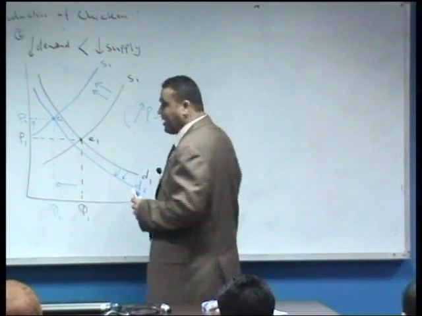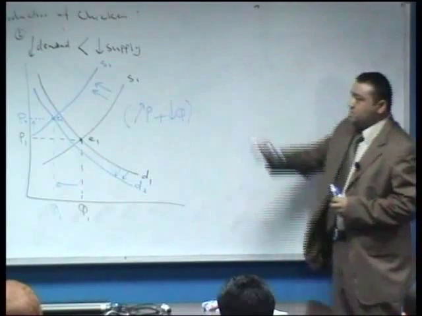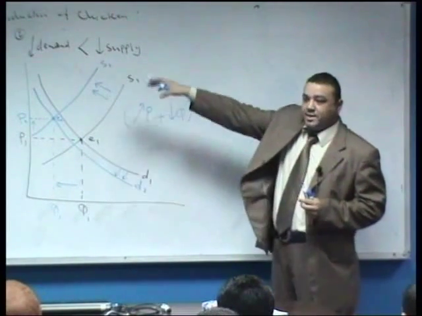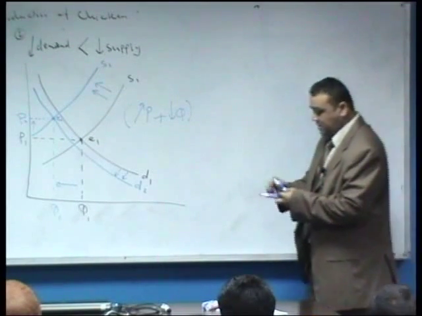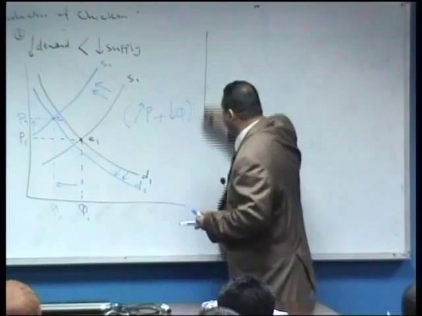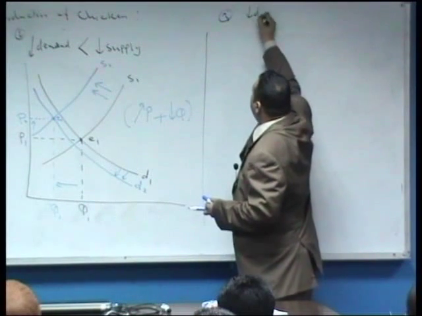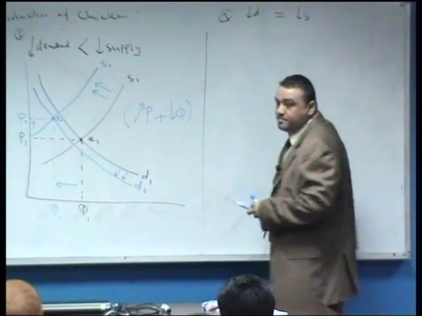Right? For the last case, the magnitudes of a change in demand or reduction in demand equals the magnitudes of a change or reduction in supply. The last case, when the reduction in demand equals the reduction in supply.